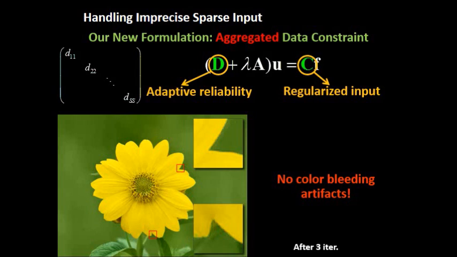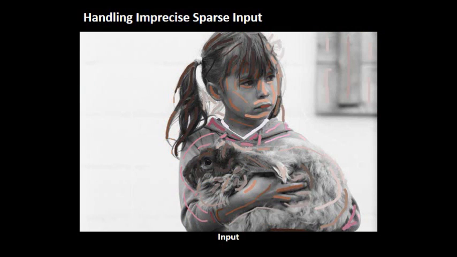This is particularly important for interactive image editing applications, as instant edit feedback, high-quality results with limited or even rough user interaction, and fast convergence are all desired. Here is another colorization example, highlighting the problems of various existing methods.